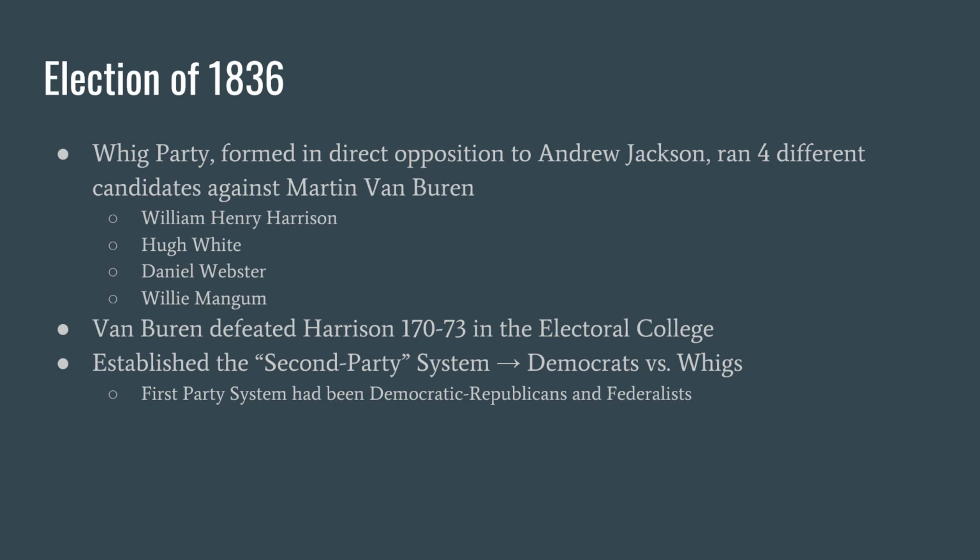Even though there were 4 people running against Van Buren, William Henry Harrison was the quote-unquote official Whig Party candidate. And what's significant about the election of 1836 is it reestablishes the second party system. We're going to see the Democrats versus the Whigs for a pretty long time, leading into the second half of the 19th century. That first party system had been Democratic Republicans and Federalists.